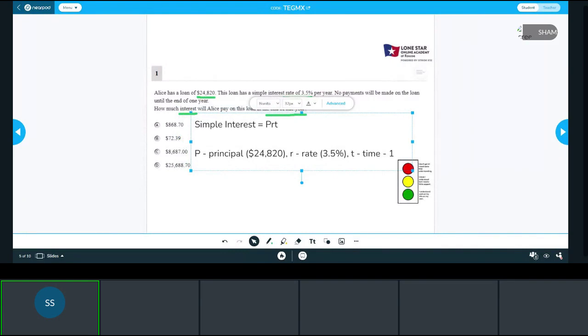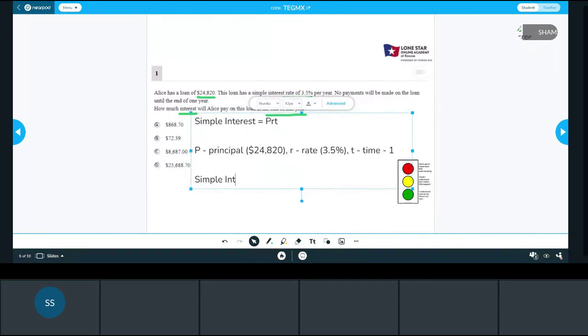And if I were to expand this formula, I can also say it means principal times rate times time. And if you multiply all these, you get our answer. Let's go ahead and see how it looks. So I'm going to do principal, that is 24,820 times rate.